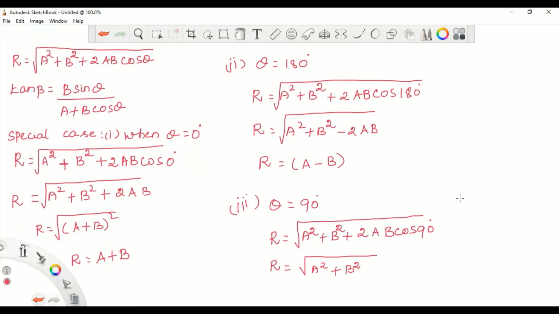So tan beta is equal to B sin 90 divided by A plus B cos 90. So tan beta is equal to B by A, or beta is equal to tan inverse of B by A.